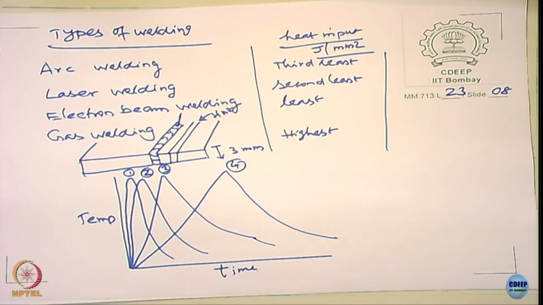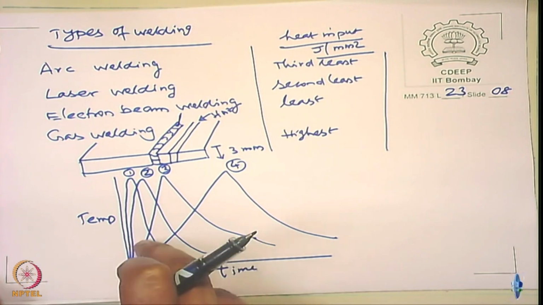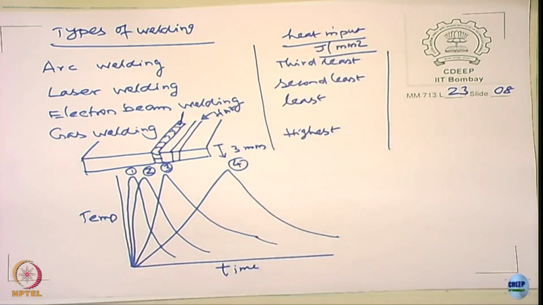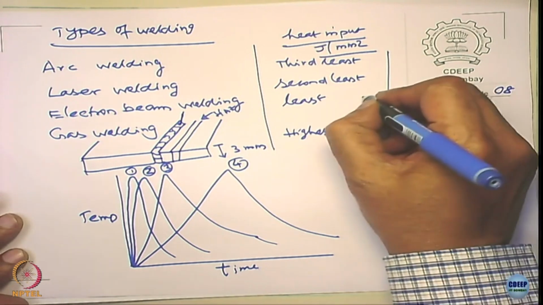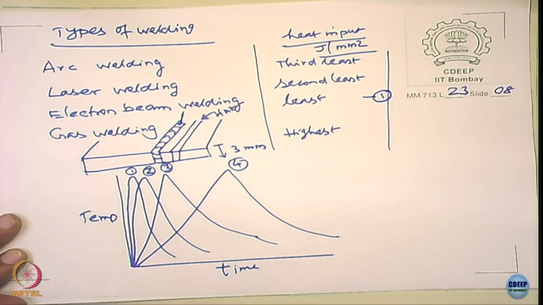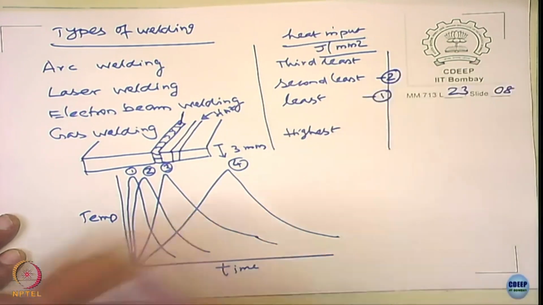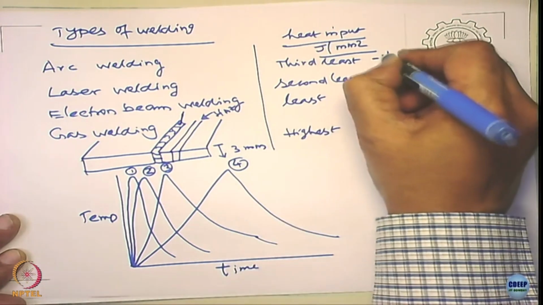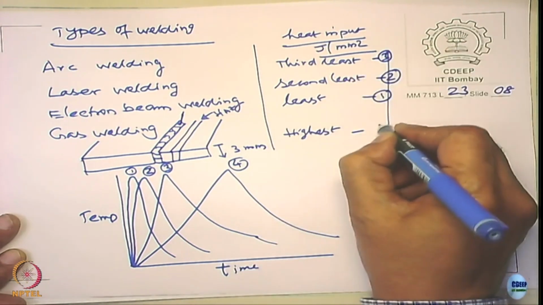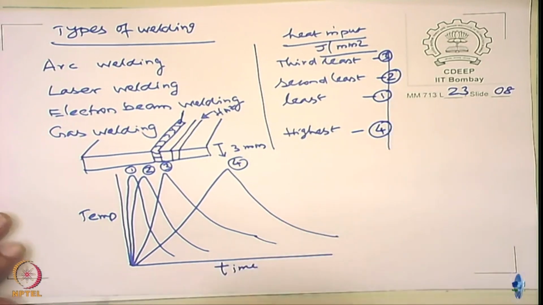Now can you map these thermal cycles versus this? Yeah, the first one is the electron beam welding, great. Second is the laser, third is arc, and fourth gas welding, fantastic.